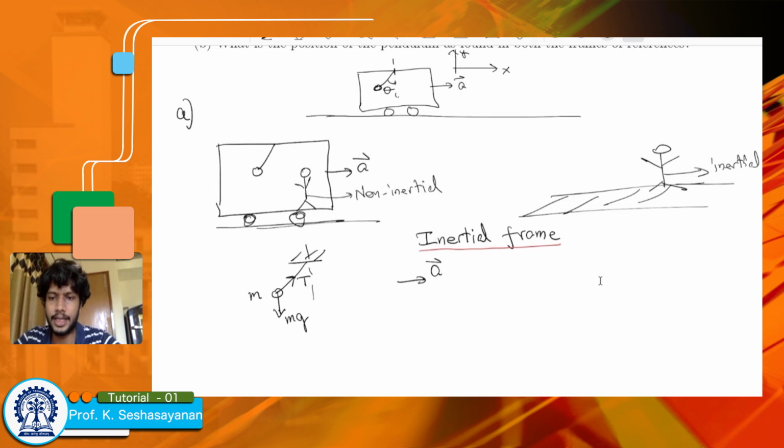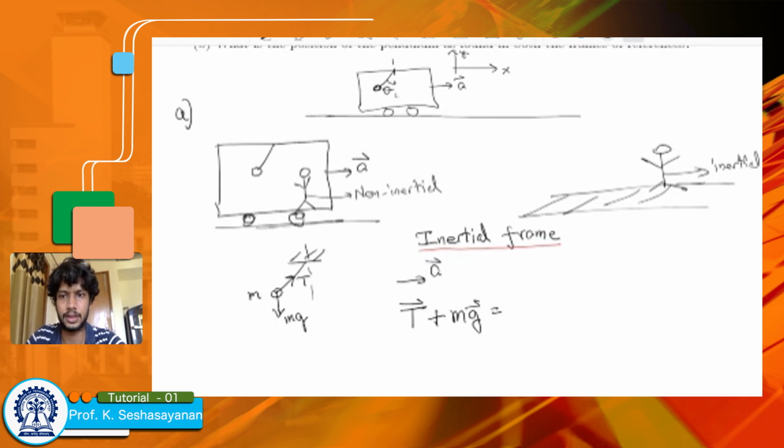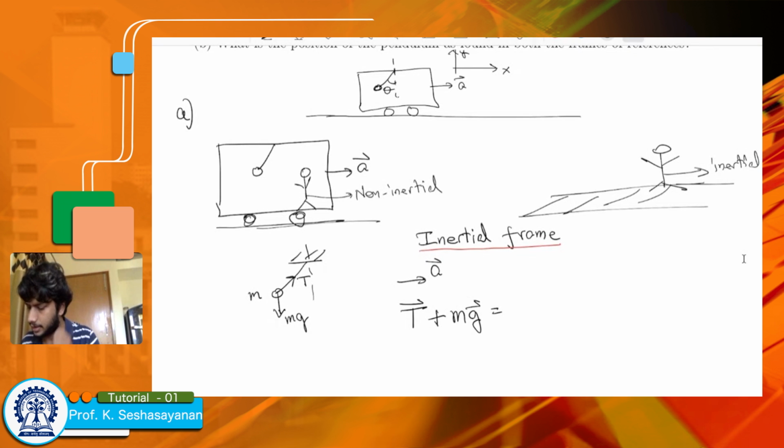Okay, so in the inertial frame, the inertial observer would just say there are two forces that are acting on the mass m, and he will write down the force balance, saying that there are only these two forces, and total force acting on the mass m is nothing but T plus mg, which should be equal to the F net, the total force acting on the mass m.